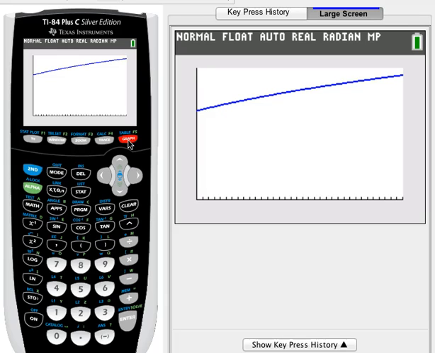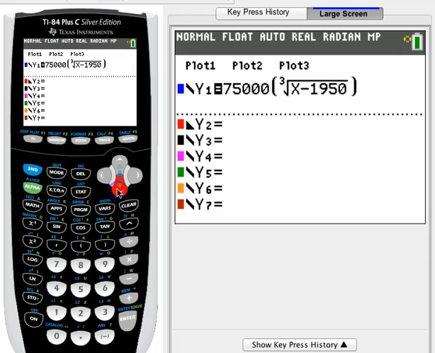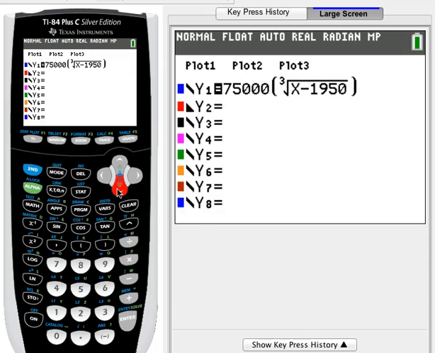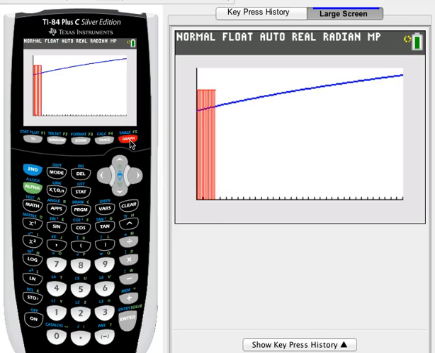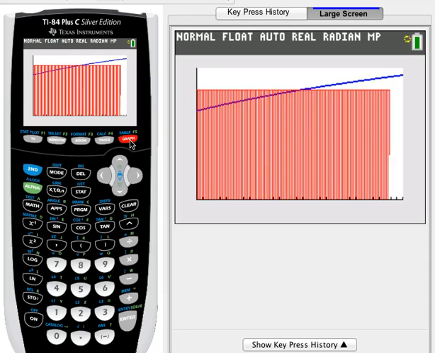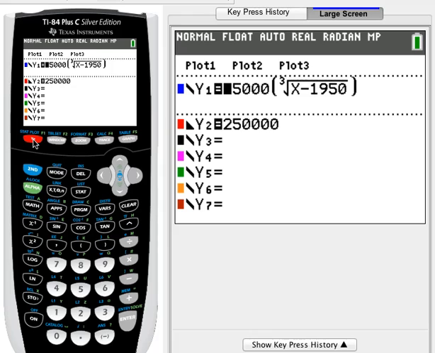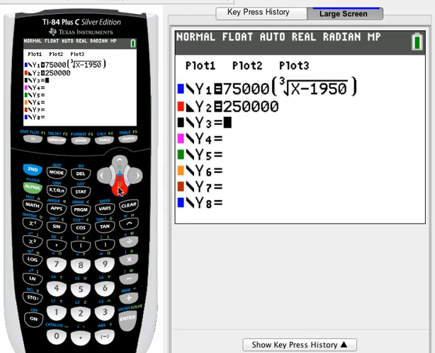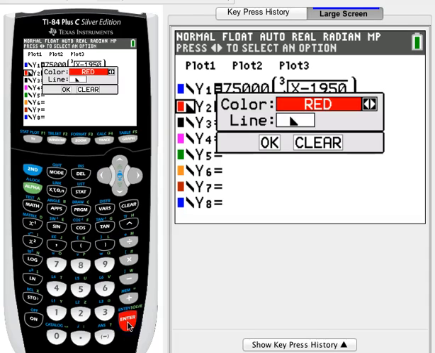Now we're curious, when is it going to hit 250,000? Well, let's see. Population is y. So if I put in y equals 250,000, oh, I'm sorry. I have to fix this.